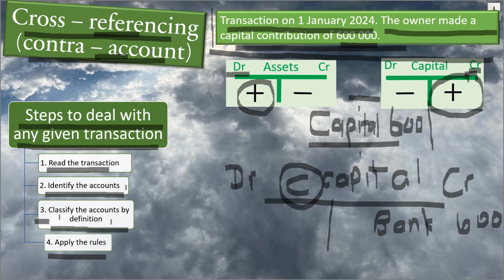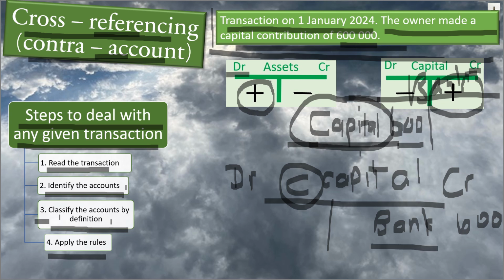So now what has happened is, the bank account was debited, capital was written in the bank account under the details column, and in the capital account under details we wrote bank.